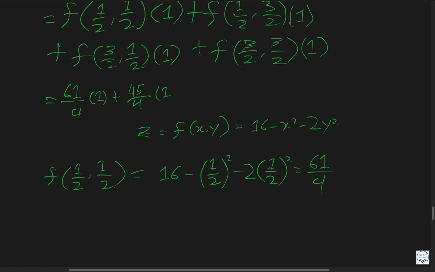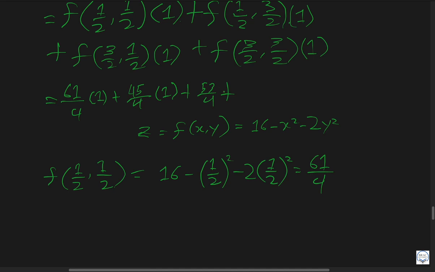Now you just write down these values of this function. The first one is 61 by 4 times 1, plus 45 by 4 times 1.